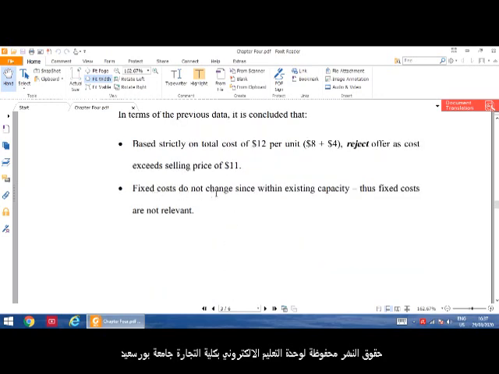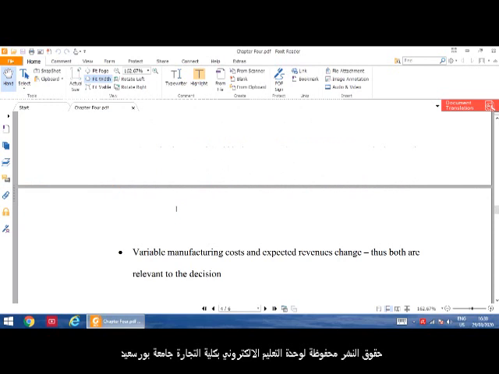Fixed costs don't change since within existing capacity. Thus, fixed costs are not relevant, because fixed costs do not change.